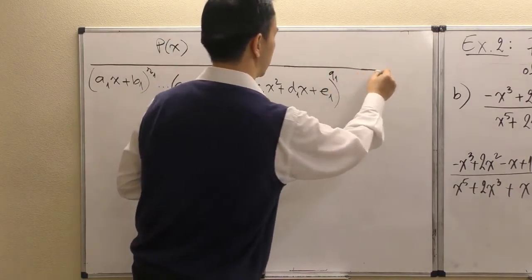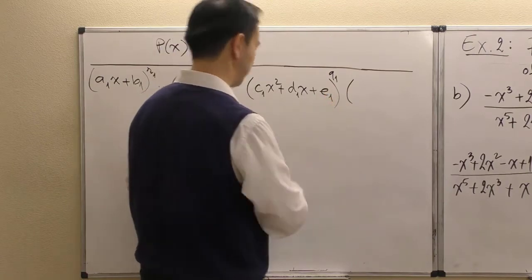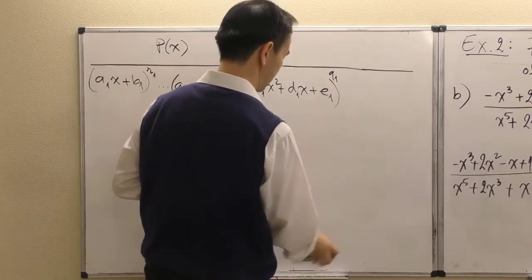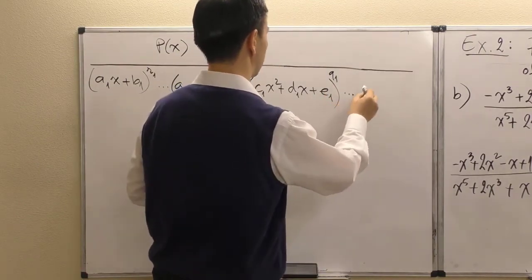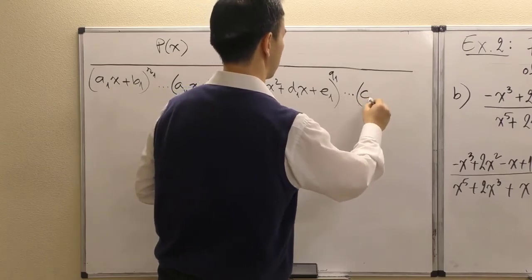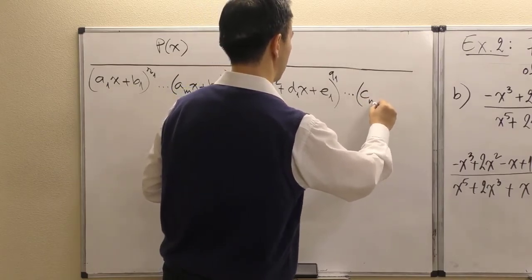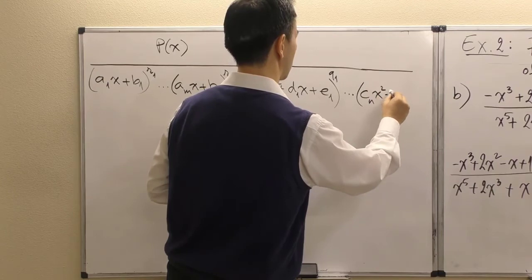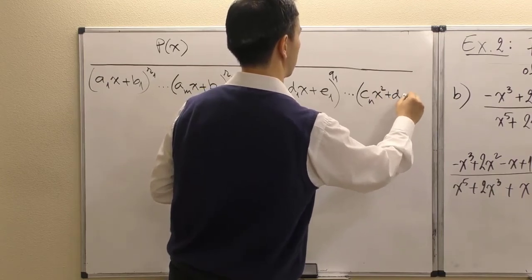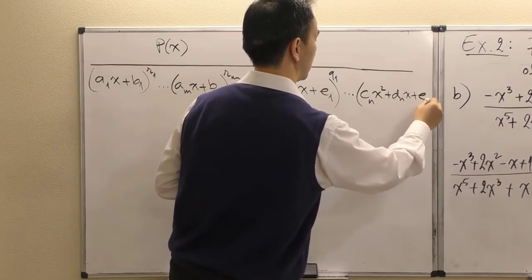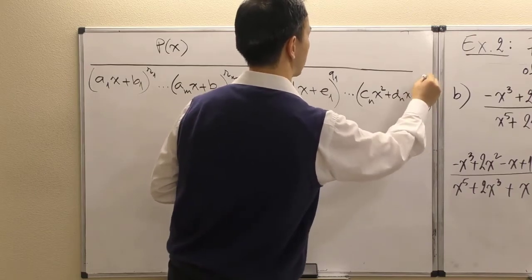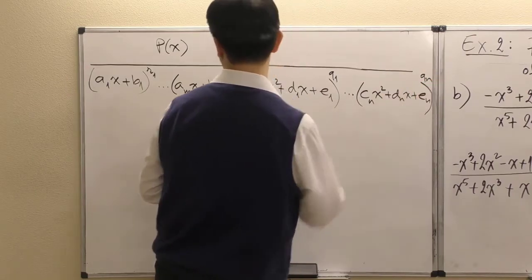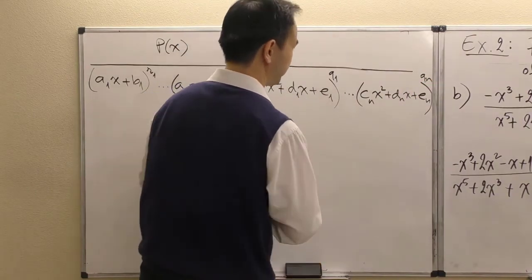And further, let's say some other cn x squared plus dn x plus en, and raise that to the qn power.